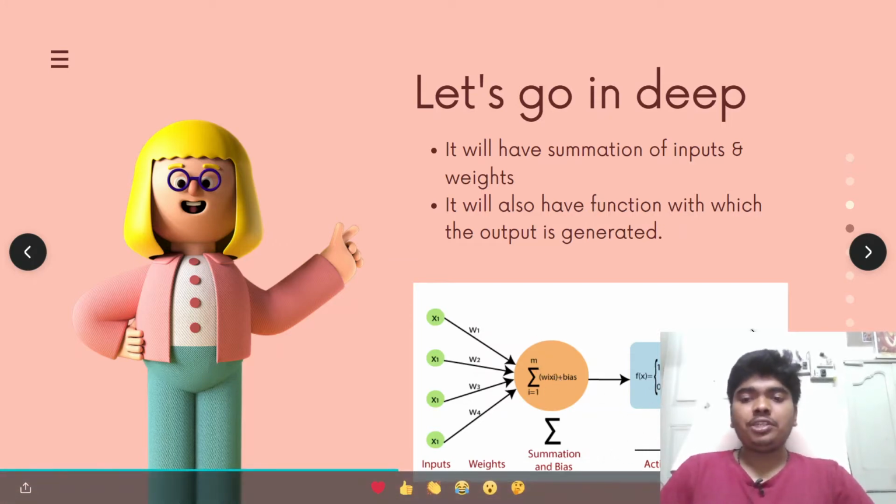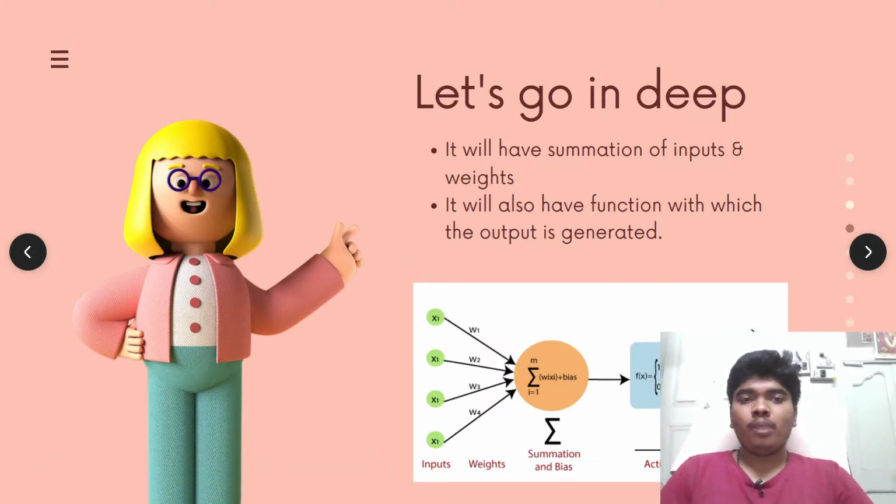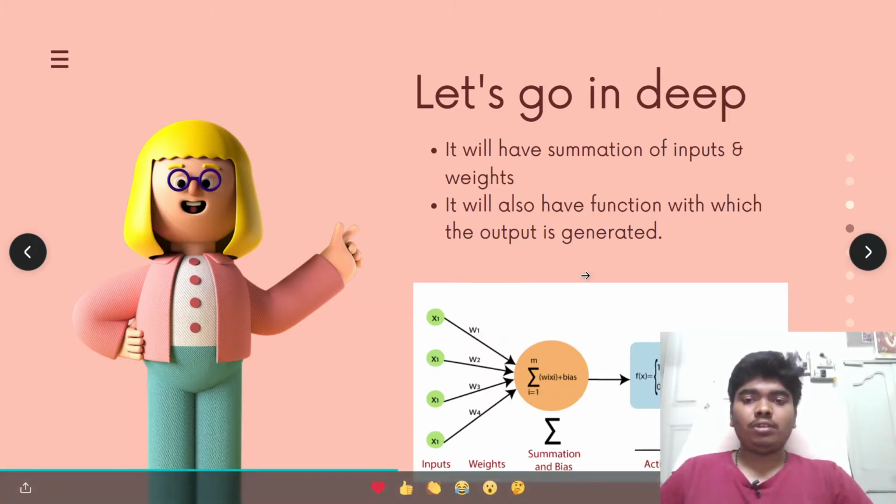The activation function will give a boost to the particular state of that perceptron, so that we get the exact output which is required. It will have a function with which the output is generated. So, this is a diagrammatical representation of a perceptron.